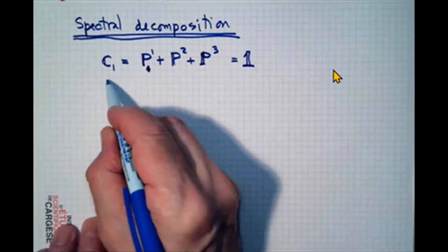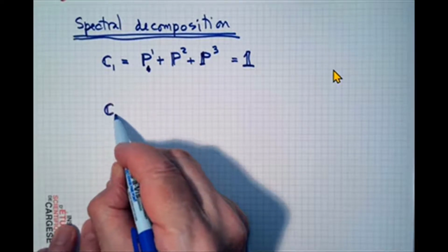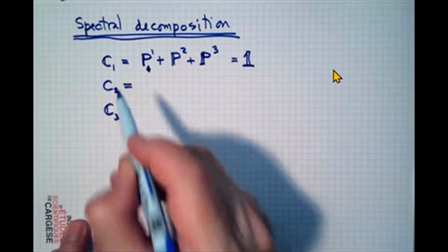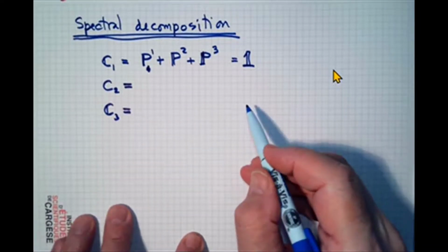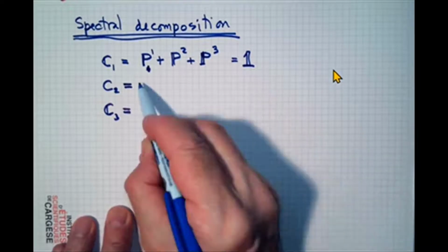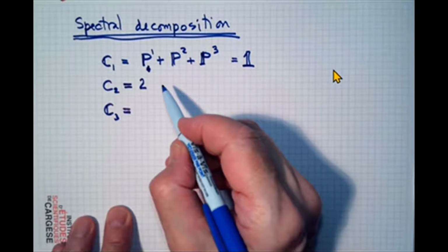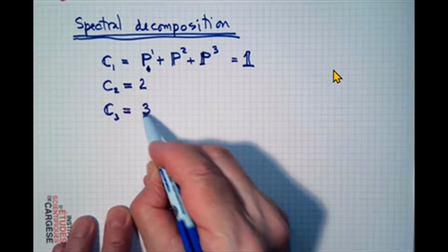Now the second operator, we did the third one already. The second one, these are rotations. And for rotations, I get these 2 eigenvalues. Well, for the third one, we just did this.